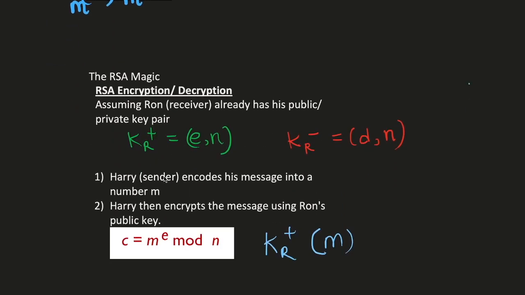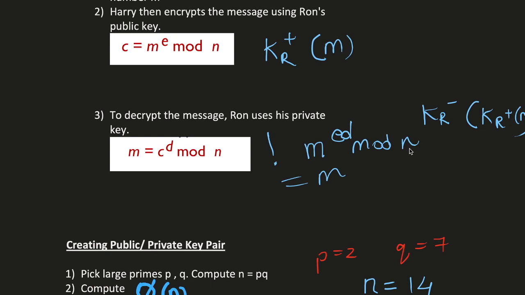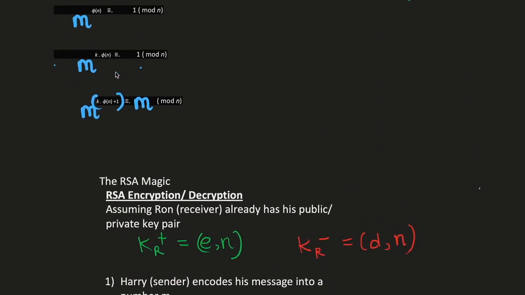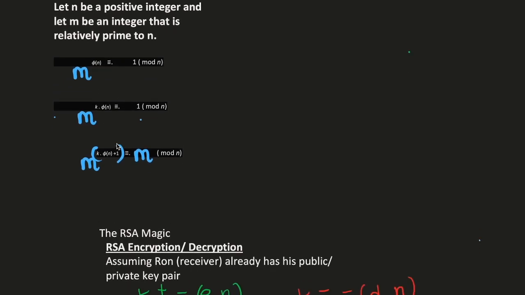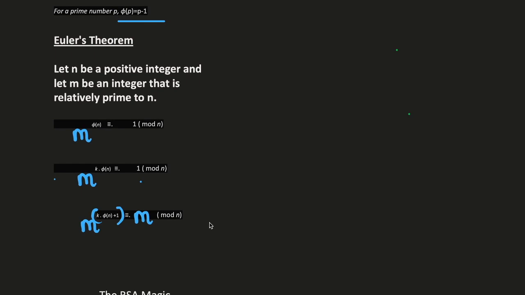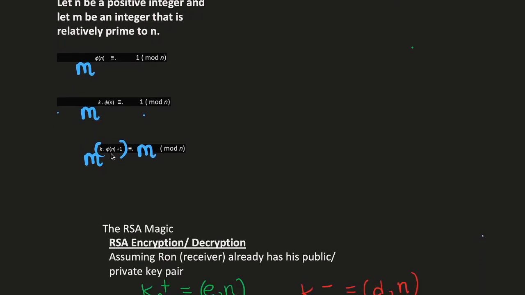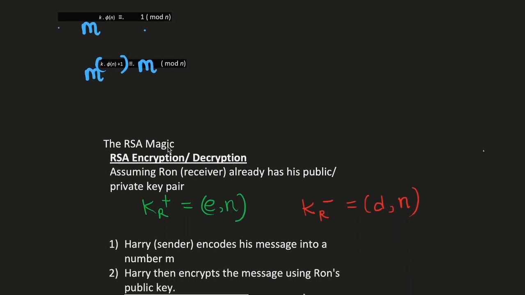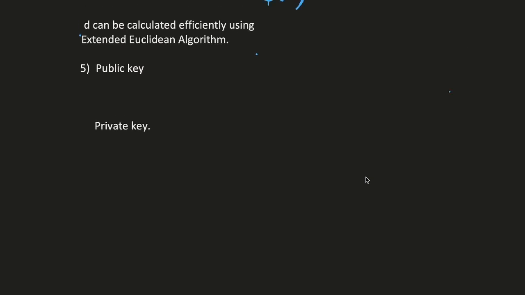Notice that we had something like m to the power ed mod n, and we have to make it somehow equal to m. I mean, we have to choose d in such a way that this becomes m, and we can use the Euler's theorem, slightly modified. We arrived at this in the previous slides, where m to the power k phi n plus 1 is equal to m mod n. Just write it down.